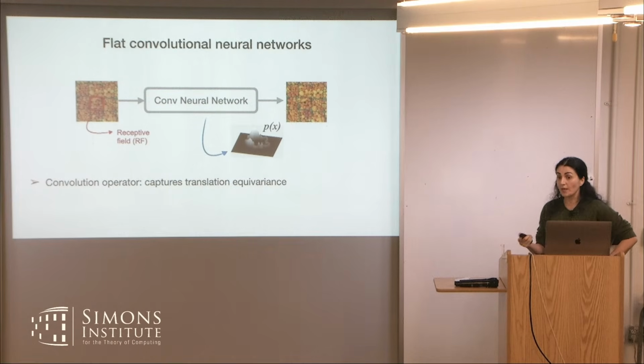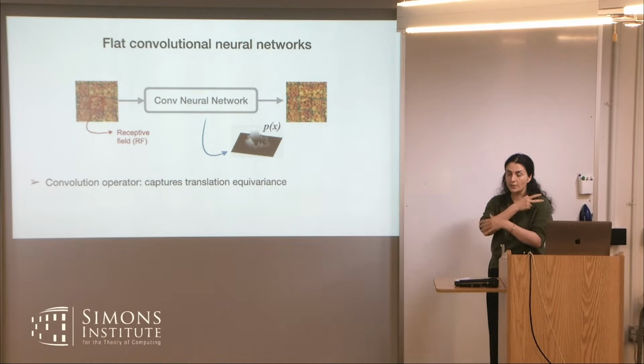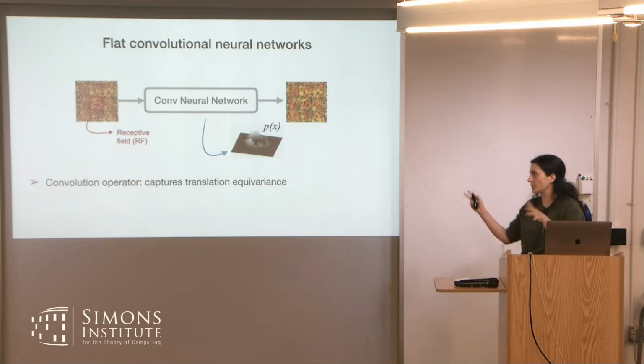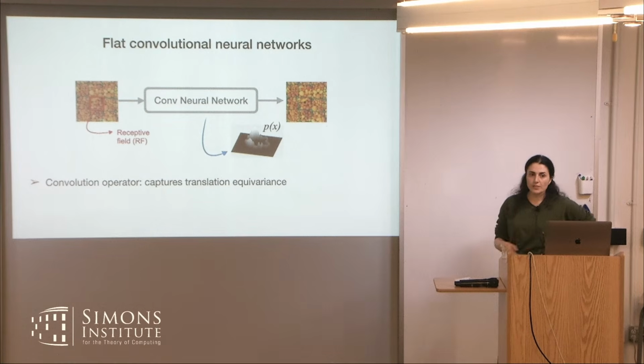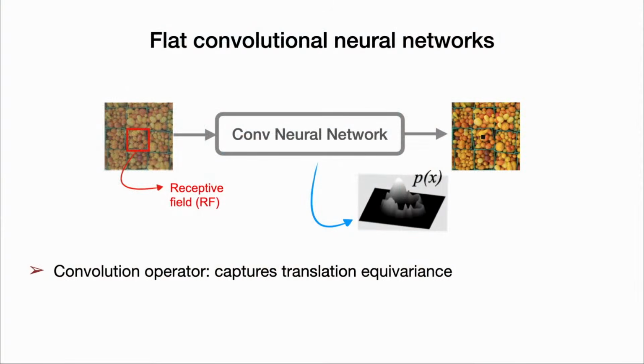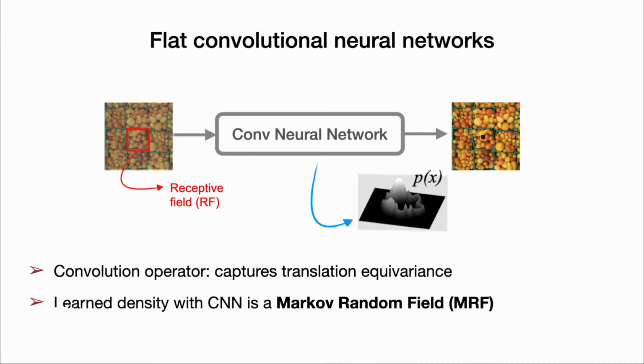So there are no downsampling, upsampling operations here. It's just a cascade of convolutions and normalization and ReLUs. Because we have these convolutional layers, the model basically captures the translation invariance properties in the data, right? And it also has an end-to-end receptive field. What do I mean by that?